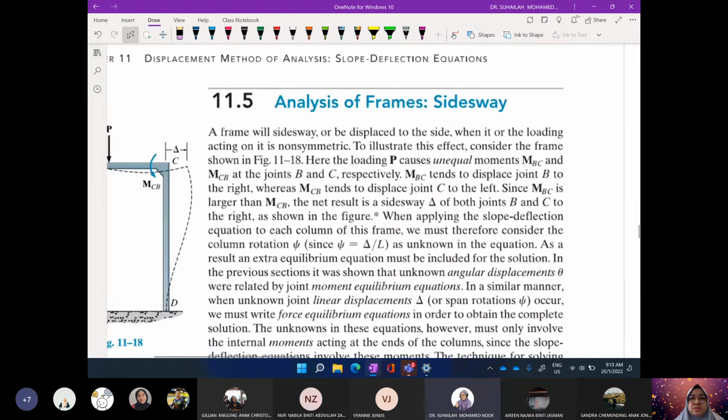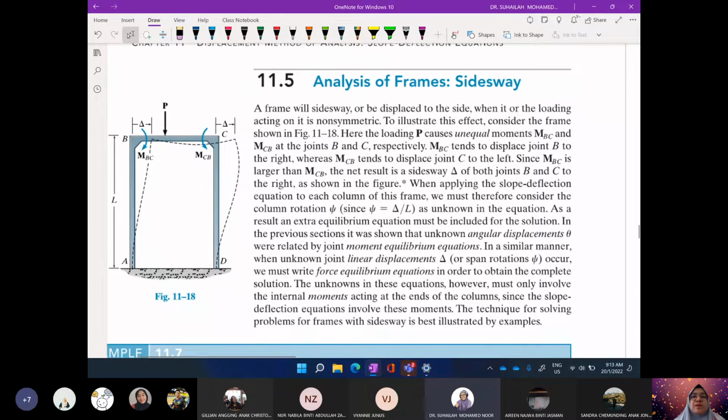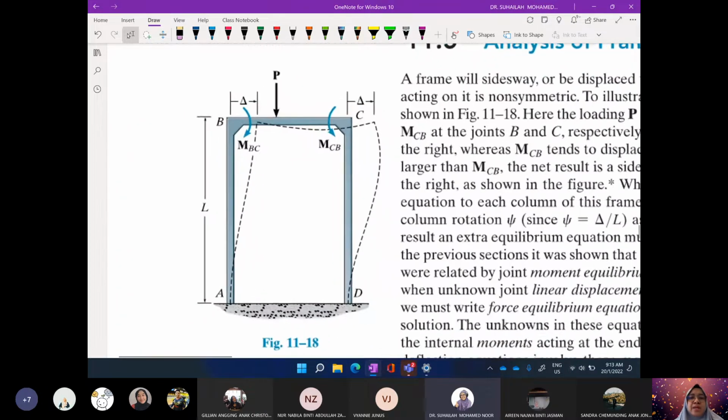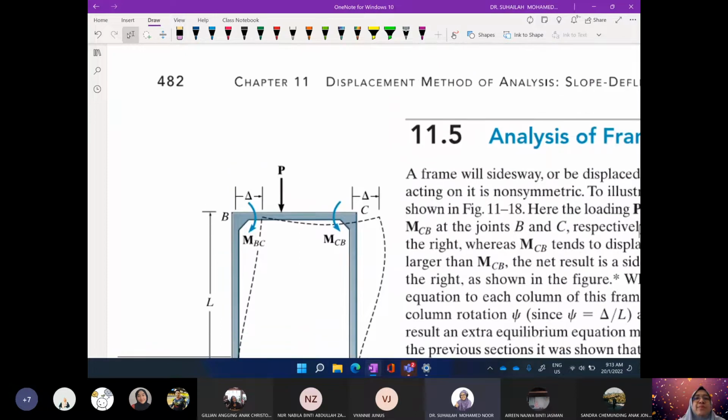So this is sway frame analysis. The concept of sway frame analysis is, as I mentioned, for FEM we have to consider two things, not only loading. One is loading, number two is delta.